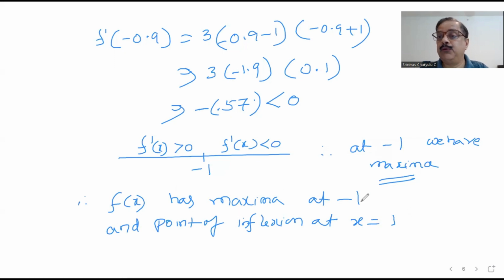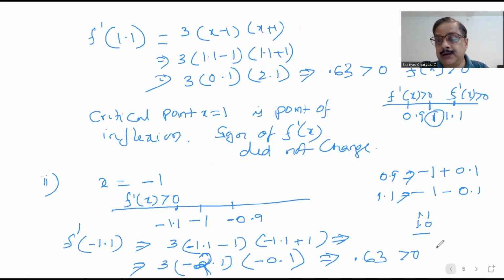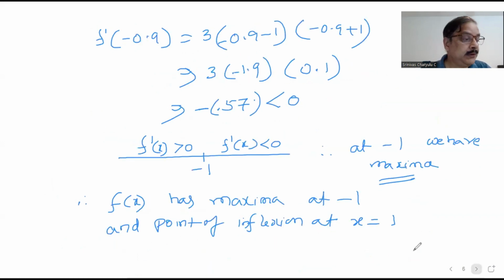At minus 1 and 1, both we have studied now. At 1, the sign did not change. Both signs became greater than 0 for f dash x, so we said that x is equal to 1 is a point of inflection, whereas minus 1 became the maximum point. Okay, so next, the last sum we'll do now.